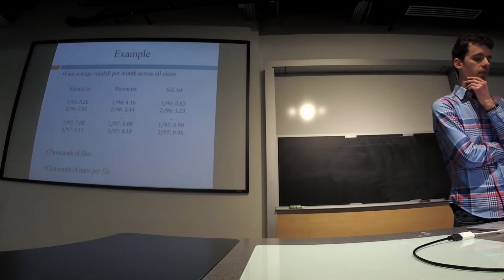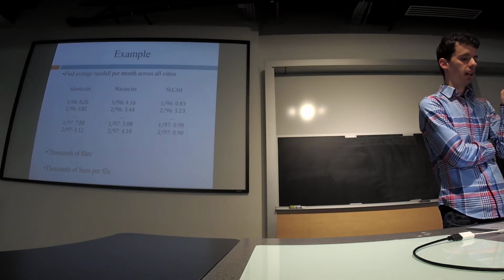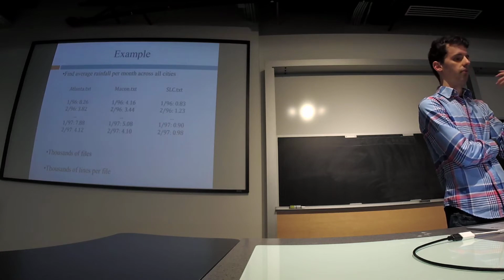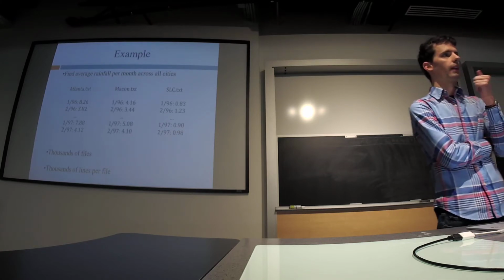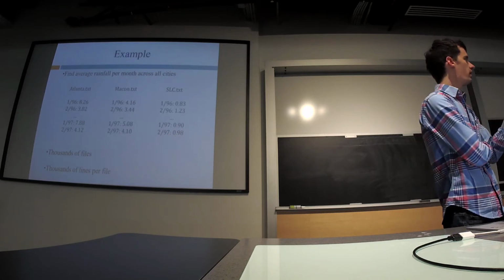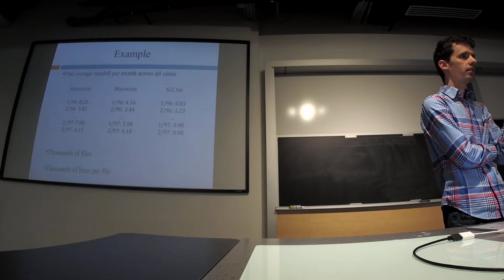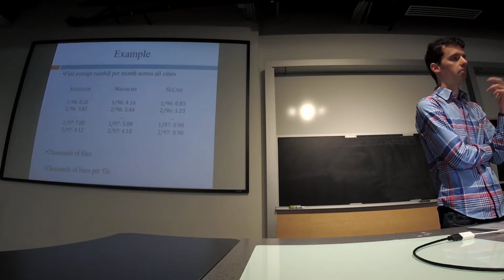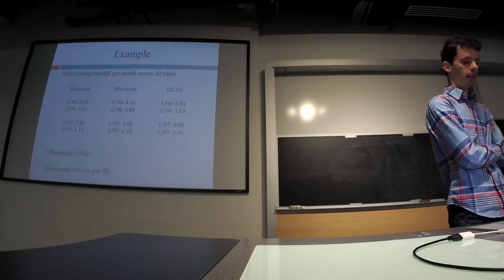Let's look at the Atlanta file. For January 96, there were 8.26 inches. For January 97, there were 7.88 inches, and so on. So pretend this data goes back 100 years, and you have 1,000 files or more, and you want to find the total average rainfall for January. Okay?